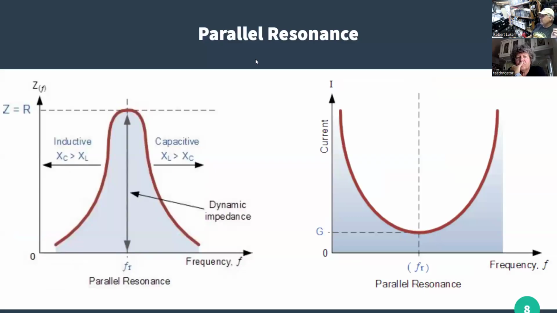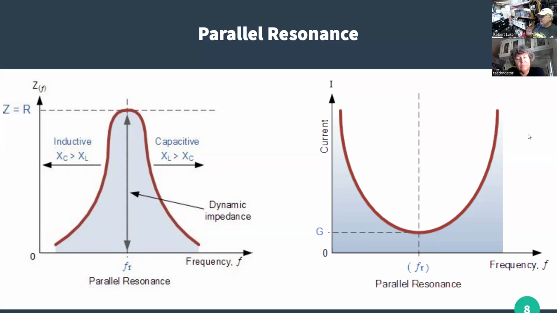We do the same thing for parallel, except here we start off with a low impedance, and it increases up to resonance, and then decreases. And it starts off with a high current at low frequency and low current at resonant frequency and then back to a high current.